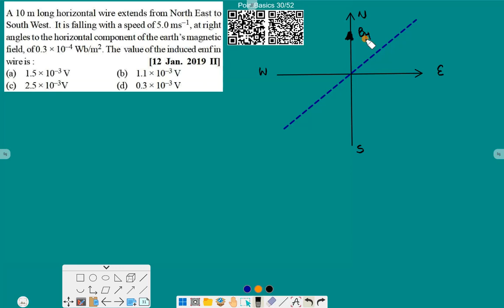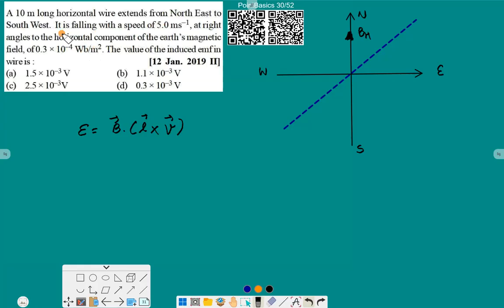So this is our horizontal component. When we have to find the induced EMF, we know induced EMF is given by B into L cross V. Now this wire is going downward, as mentioned.